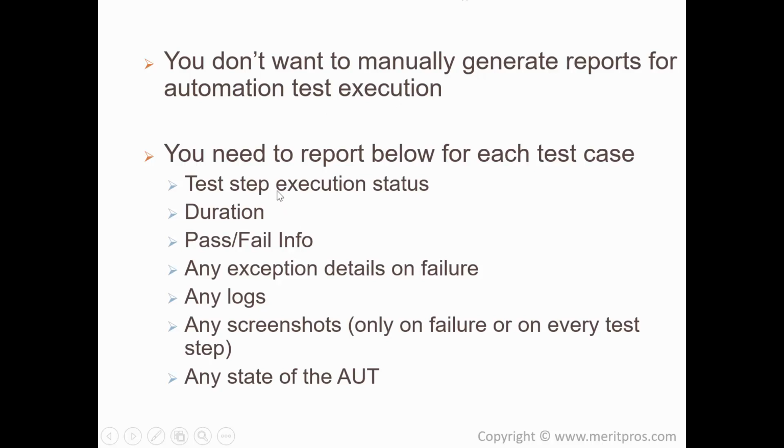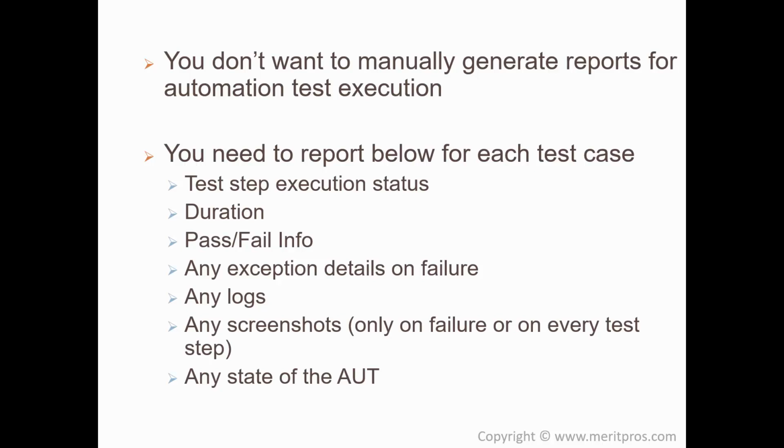You need to report at test step level. What is the status, pass or fail or any exceptions? So reporting at test step level. Then the duration, like 2 minutes or 30 seconds, what is the duration, pass or fail info. Then any exception details on failures. If it is failing, then what is the exception, like element not present or waiting issues, or what is the exception.